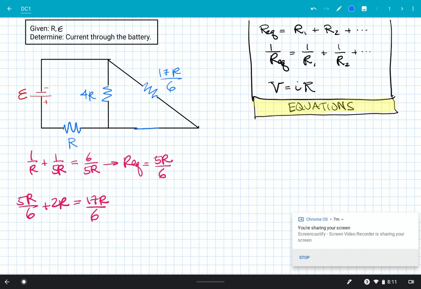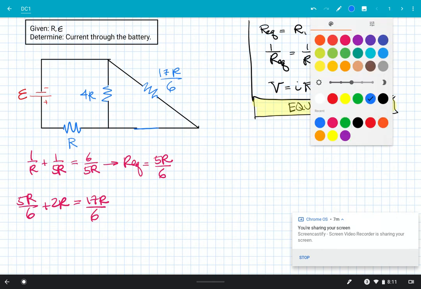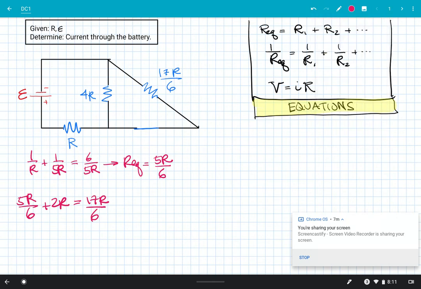Okay, cool. Now we're getting somewhere. If I continue to look at this, now I have the 4R and 17R over 6 wired in parallel. Same potential difference. I could do the highlighting that I did previously, and I would find they both go from some color to some other color, right? So those two are in parallel, and then I can make that calculation.